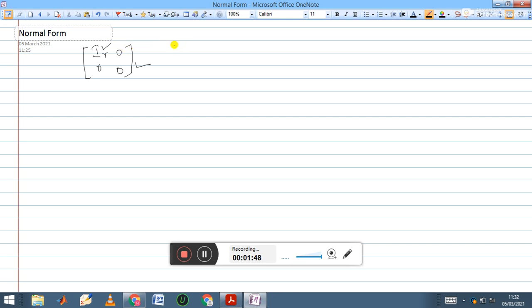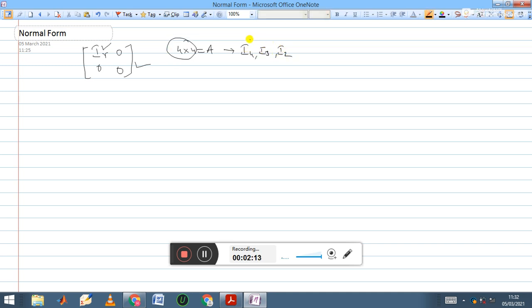Suppose the given matrix A is of order 4 cross 4. Then if you reduce this matrix into normal form, you may get an identity matrix of I4, I3 or I2.